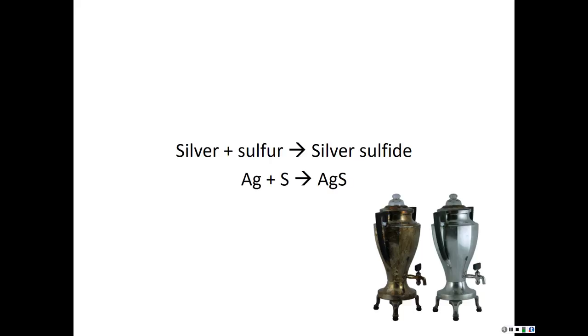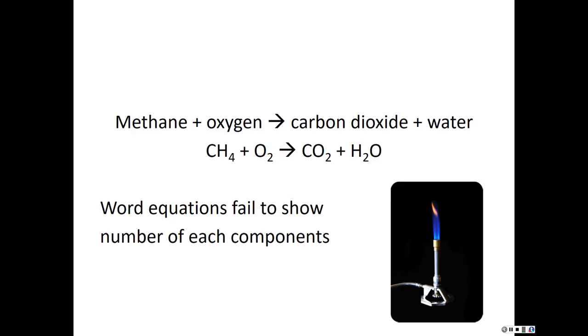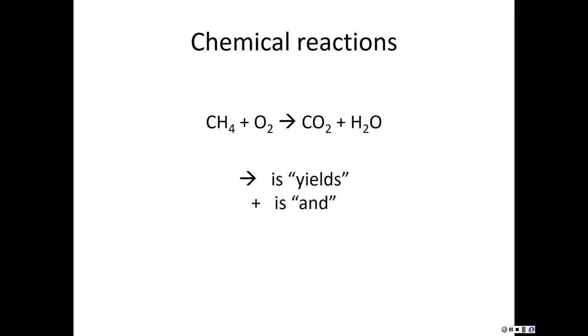Now there are other things we can include as well. I'll come back to that in a second. When you're looking at an equation, we've got pluses and then the arrows. A plus is basically the same thing as and, or with. But usually you can just substitute in and for the pluses. And then the arrow is yields, or produces, or forms.